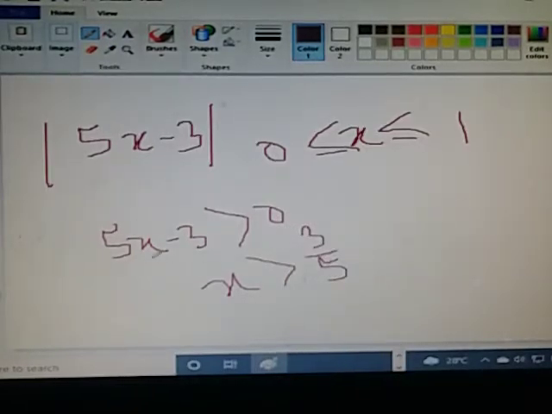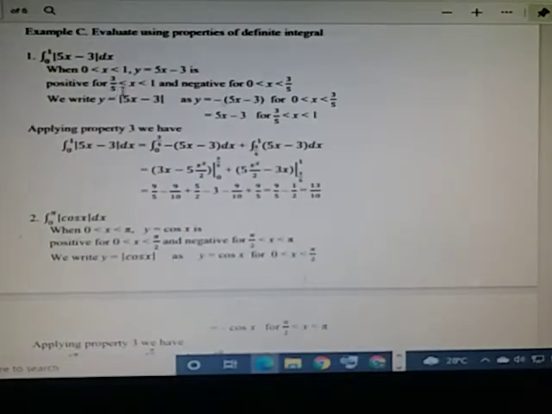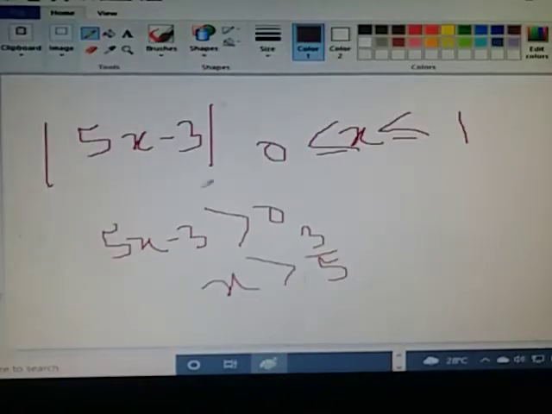When x is equal to 3 by 5, this is equal to 0. When x is greater than 3 by 5 and less than 1, it is positive, and when x is less than 3 by 5, it is negative.